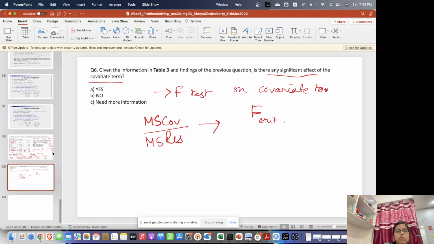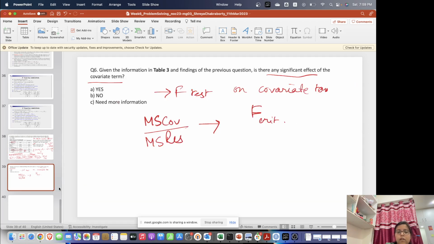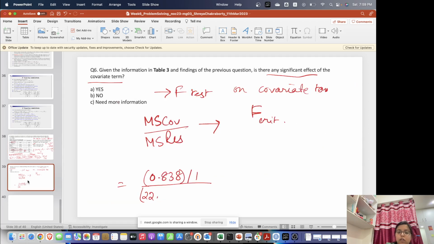If we go to this slide, we'll see that the degrees of freedom of the covariate is 1 and the mean square is 0.838. So then we have 0.838 divided by 1, over 22.362, the residual error, with degrees of freedom 23.